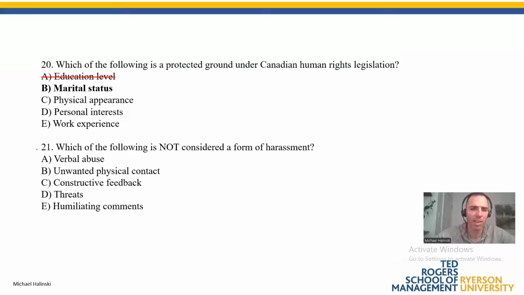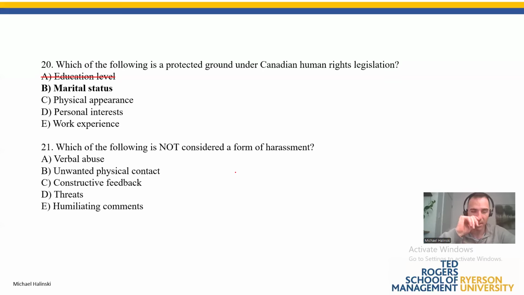I'm sure that's not the exact wording from the textbook, but the idea is that it's something you say or do that's unwelcomed, and that a reasonable person would also deem that thing you said or did to be unwelcomed.